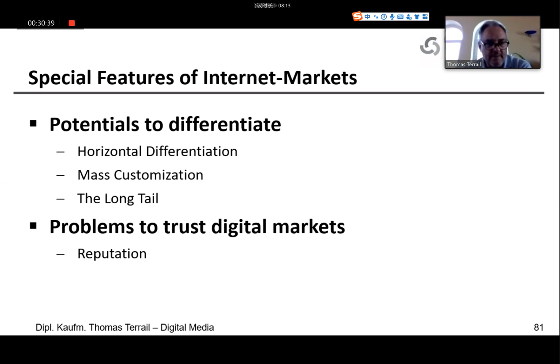So you need to have a good reputation. If all things are easy, like Amazon, you're buying a product, it will be sent to you, and you check it out, and you say, "Oh no, it's not interesting for me." You send it back.